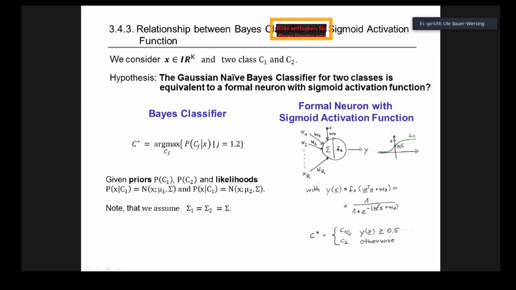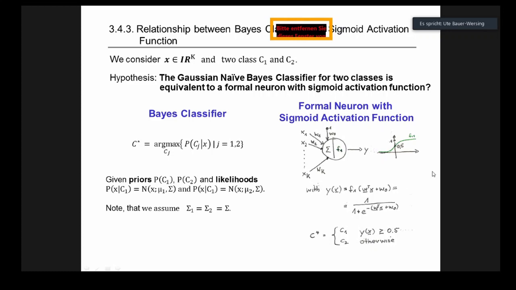Okay, and what we assume now is that if the output is larger or equal to 0.5, we classify pattern X to belong to class C1, and otherwise X belongs to class C2.